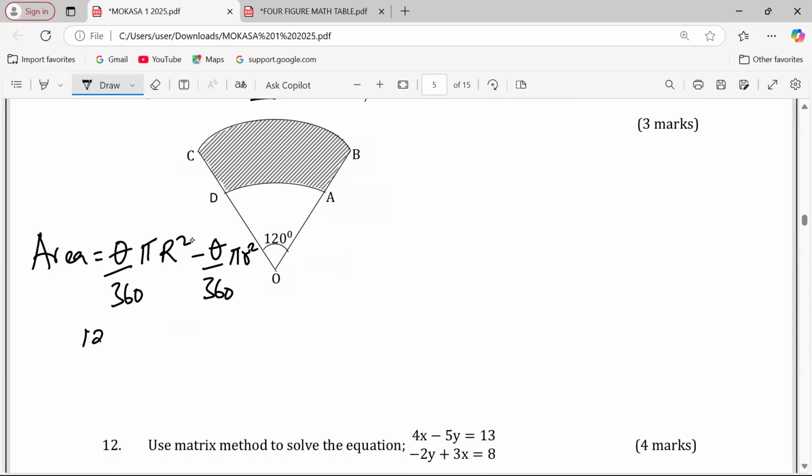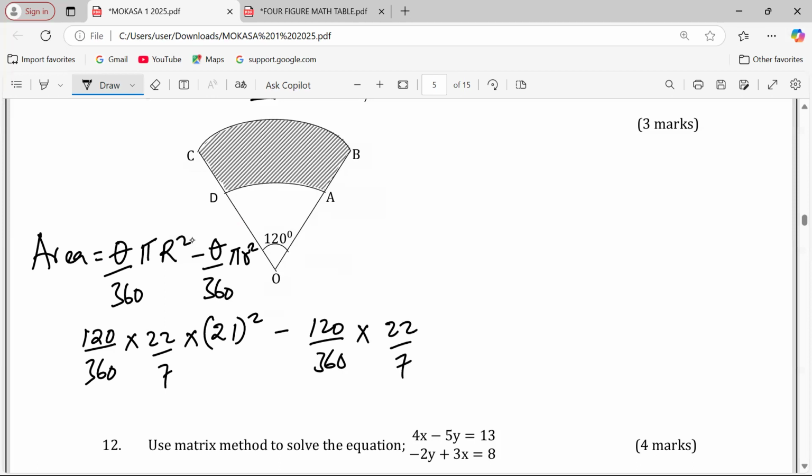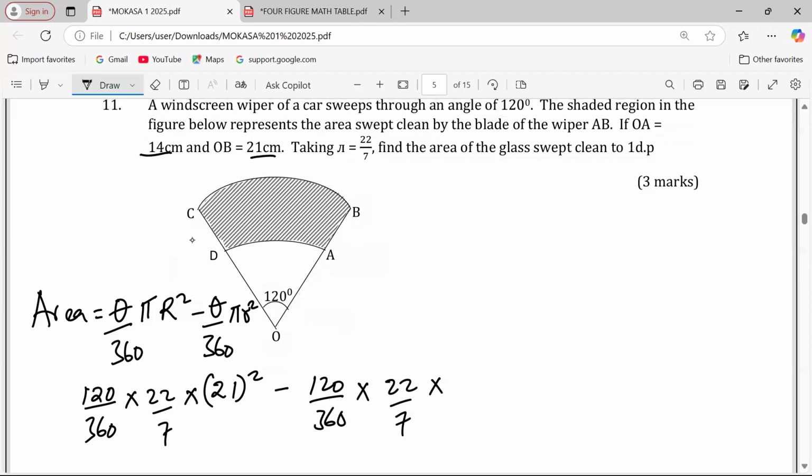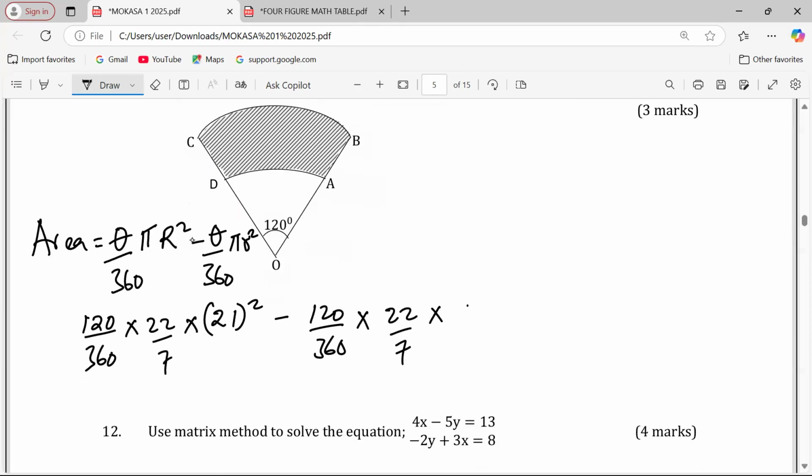So we just need 120 over 360 pi r squared minus beta over 360 pi r squared, with r of 14, then squared.